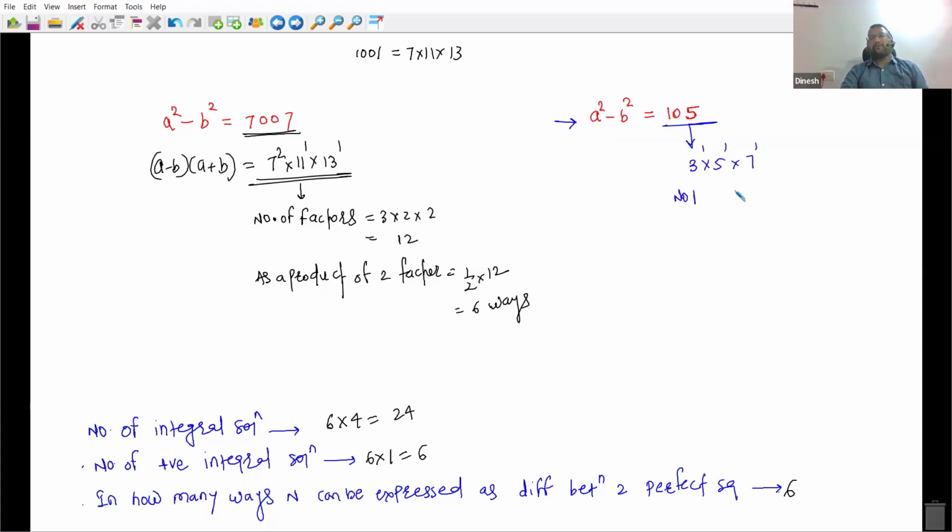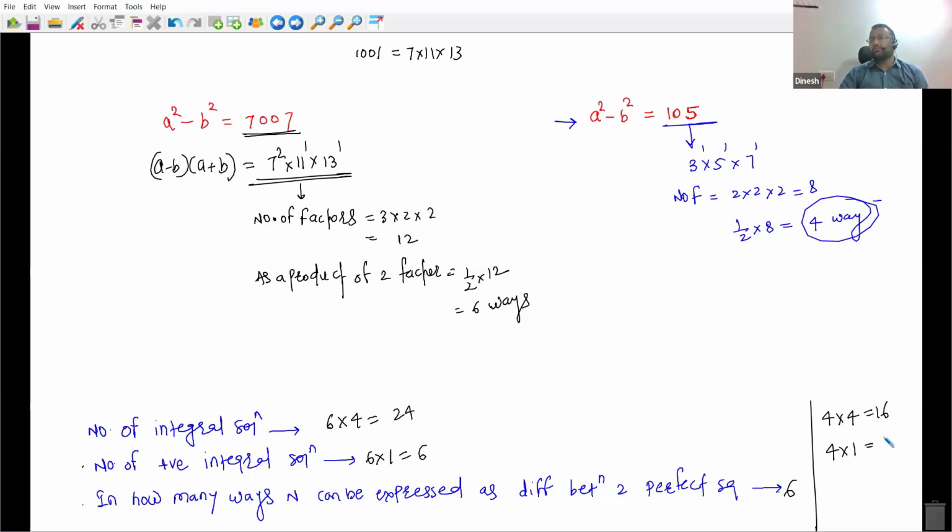The number of factors is 2 into 2 into 2, that is equal to 8. In how many ways can we write this as a product of two factors? There are 4 ways of writing this as a product of two factors. Every way will give you 4 solutions, so 16 integral solutions. Every way will give you only one positive integral solution, so 4. The answers are 16, 4, 4. Okay.